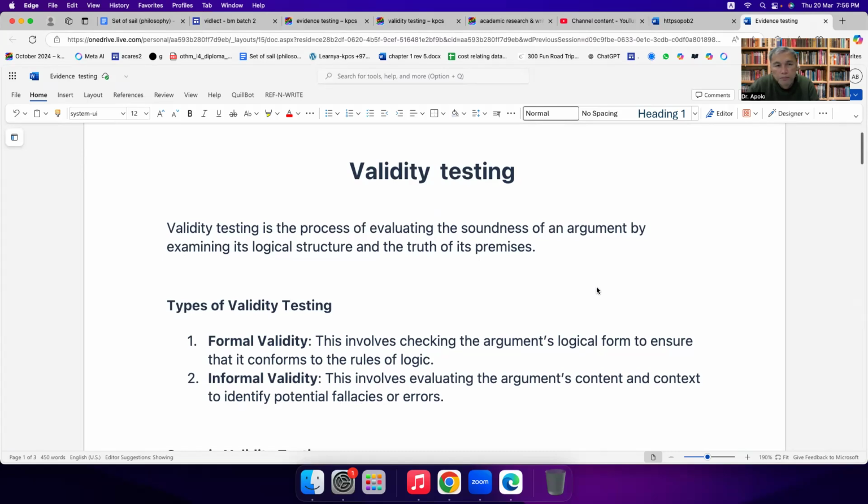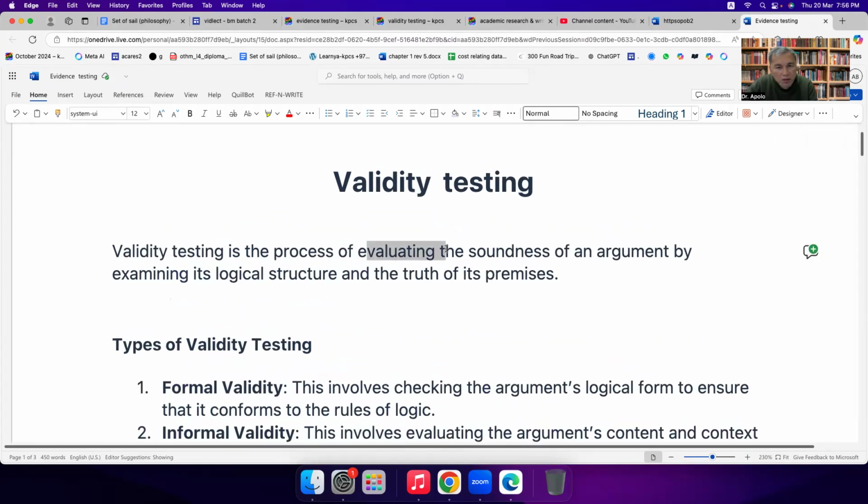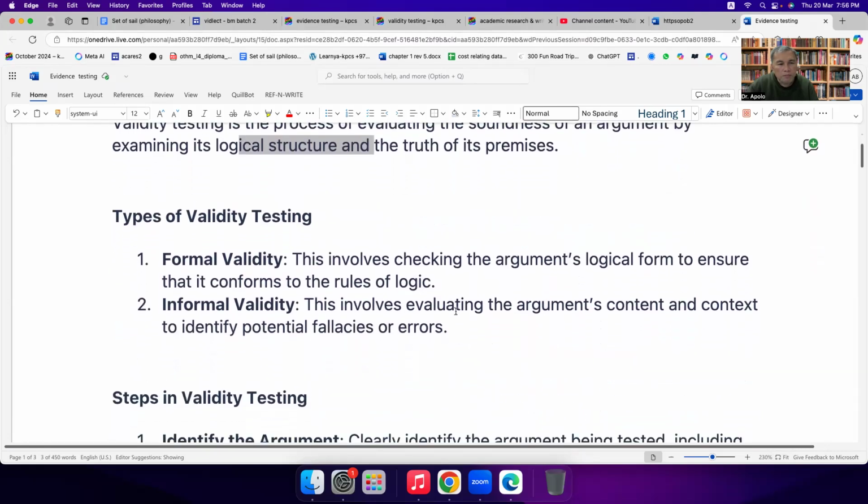Validity testing is the process of evaluating, checking, comparing, examining the soundness of an argument by examining its logical structure and the truth of its premises. We have types of validity testing.